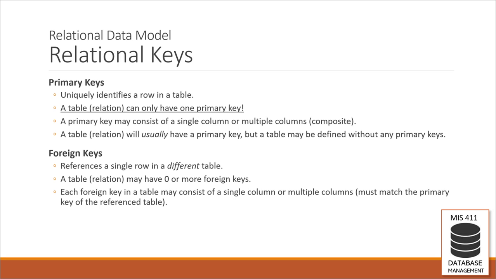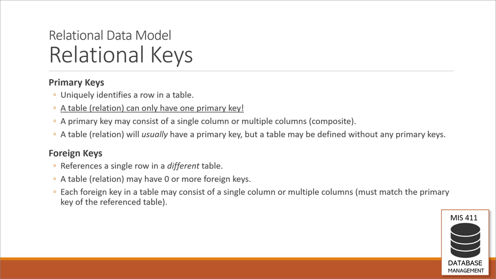Okay? A table can have 0 foreign keys, but it could have many foreign keys. And each foreign key in a table, if there's more than 0, can be a single column, or it can also be multiple columns. And what dictates that is whatever it's referencing in the other table, right?